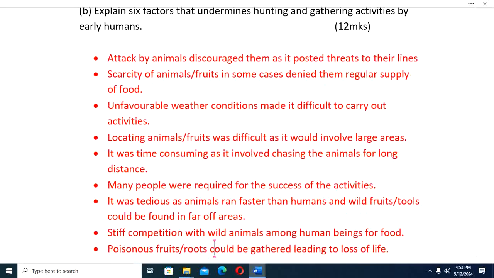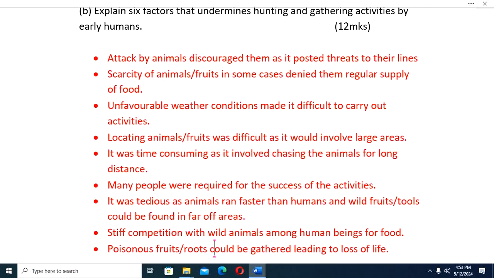What undermined the hunting and gathering activities? Attack by wild animals discouraged them, as it posed a threat to their lives. Next, scarcity of animals and fruits in some cases denied them a regular supply of food.